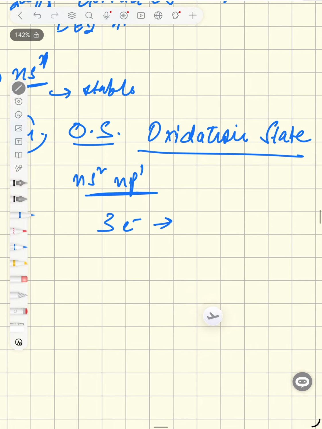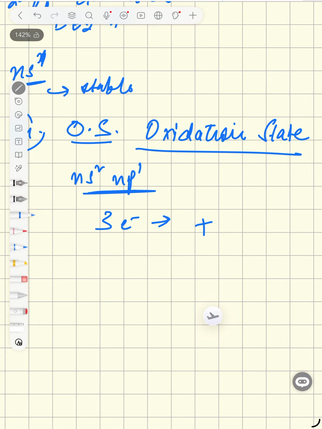Therefore, these elements can show a maximum of +3 oxidation state. That is, they can remove these 3 electrons by using higher or lower energies. Then these elements also tend to show +1 oxidation state, which becomes more stable as we move down the group.